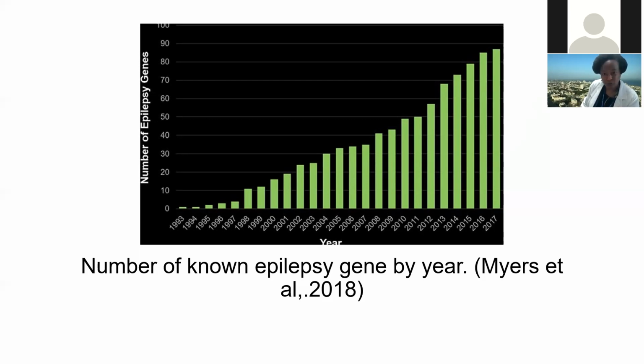The reason I want to mention the importance of genetic testing is that 10 or 20 years ago, when we ordered a gene panel, we got a letter from the insurance saying denied because this is research. That was then.